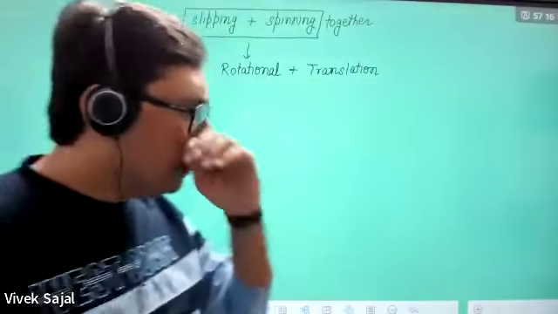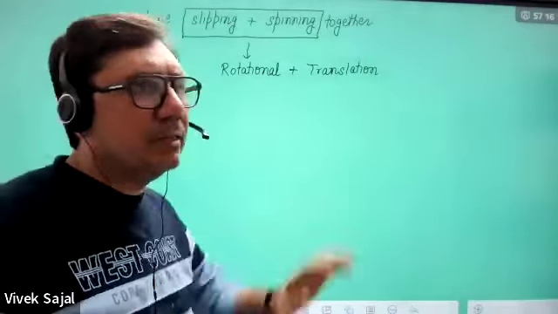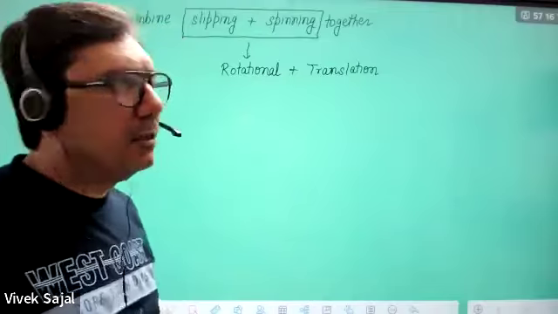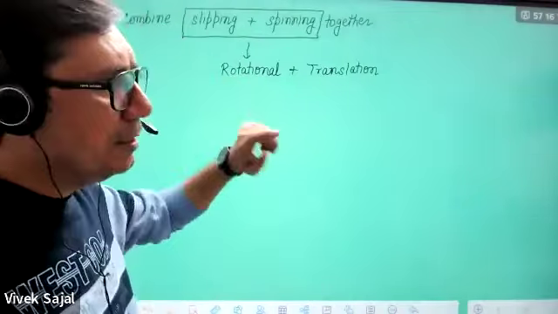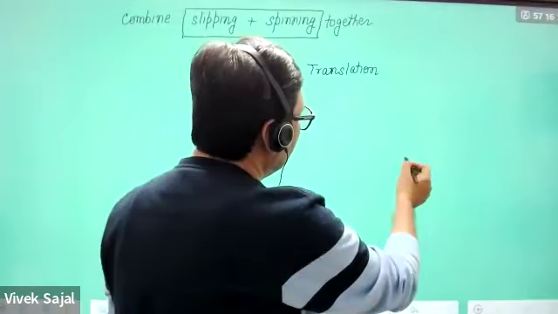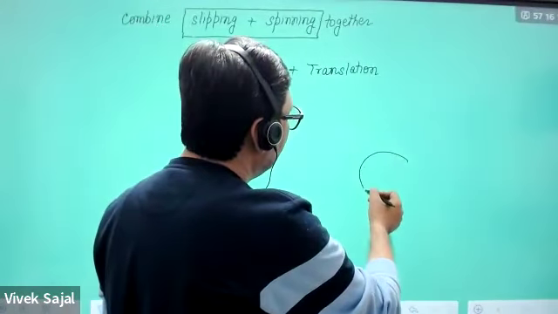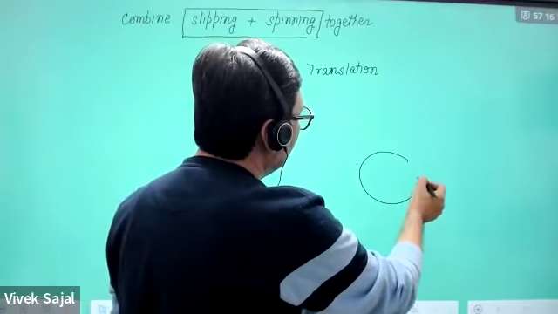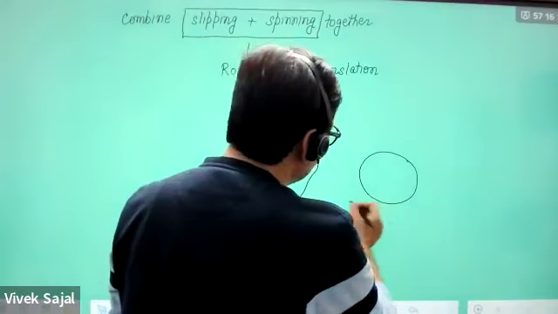So next question is, okay, slipping is taking place when there is no friction. But try to understand when the rotation is going to take place, if this is the surface.